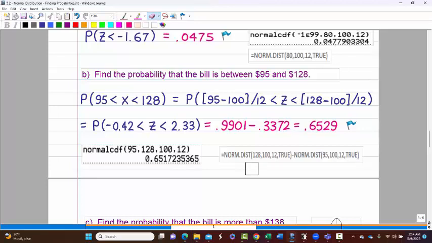Now for norm.dist, you have to subtract them. It's not like the calculator, where you don't have to do that. So you put 128 in there, 100 for the mean, 12, then true, then subtract the lower number, 95, 100, then 12 and true. And that's going to match the same answer.